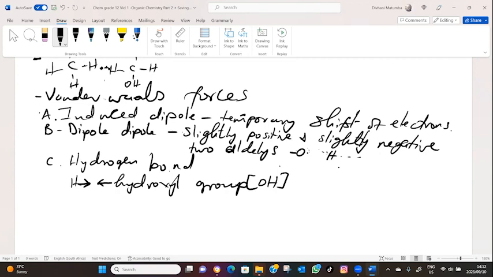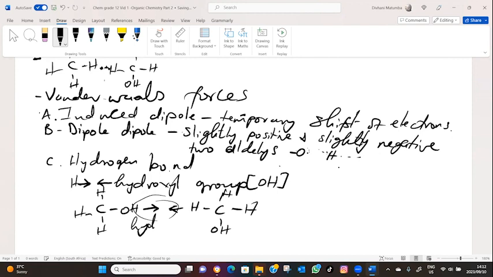So the most famous example is the alcohol. So if you have two molecules of alcohol, here we will have a hydrogen bond.